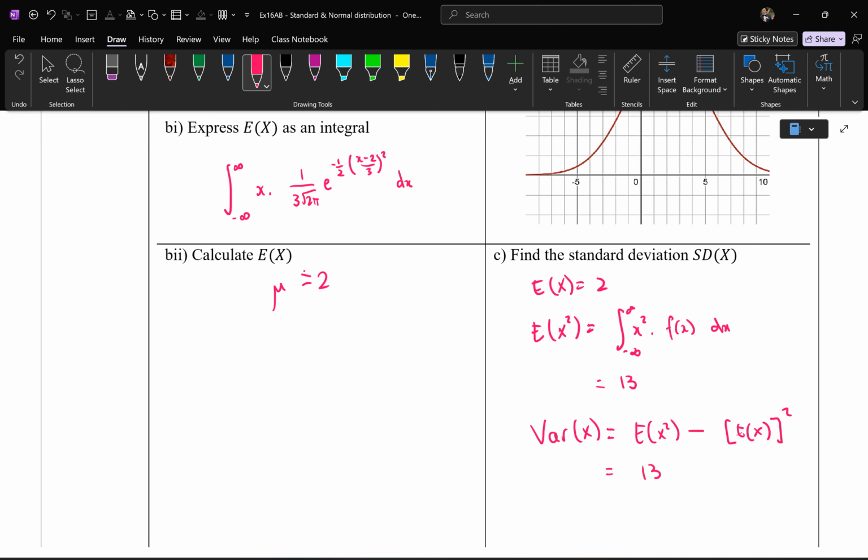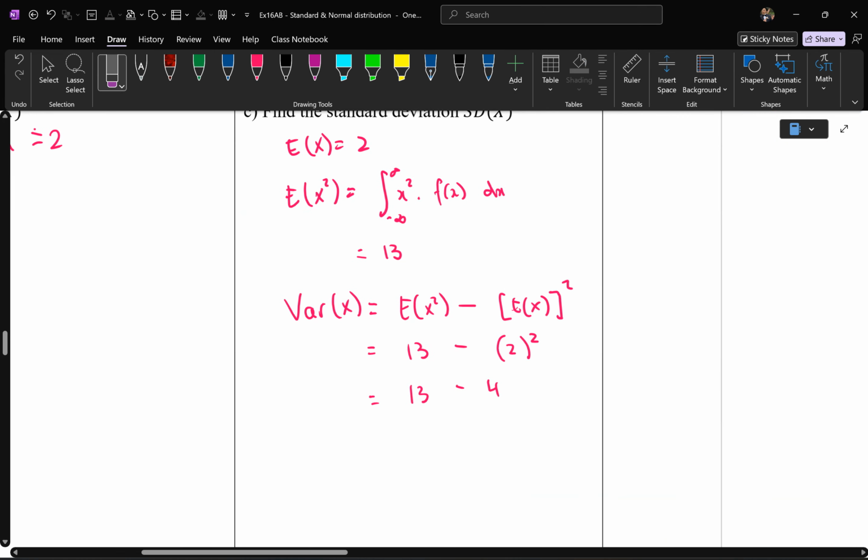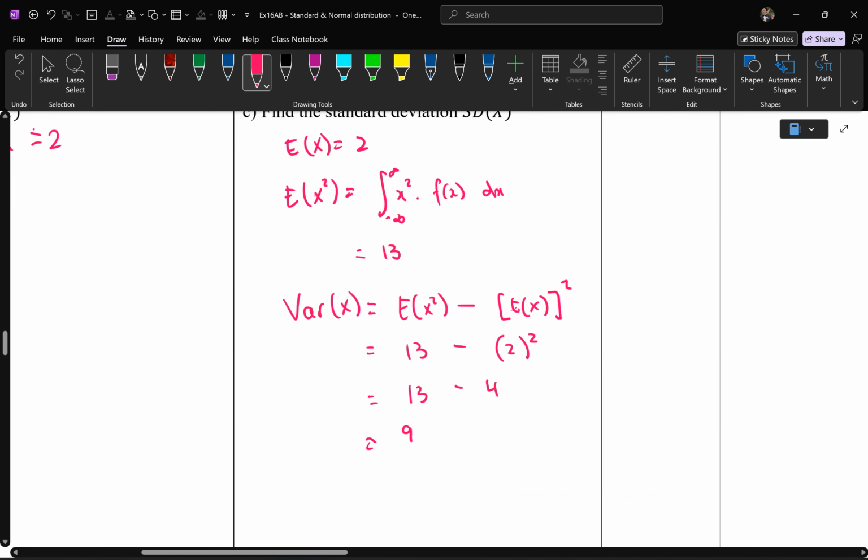So you have 13, take away 2 squared. That gives you 13, take away 4, which is 9.